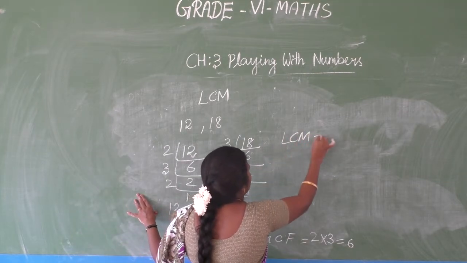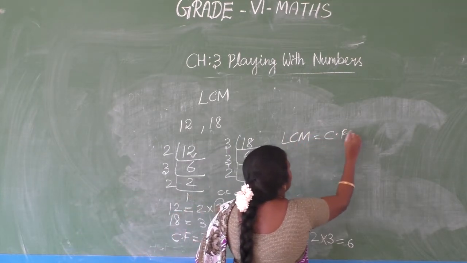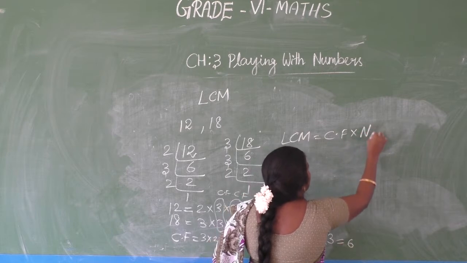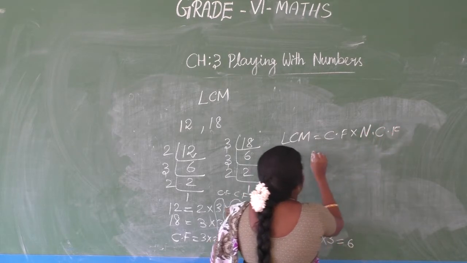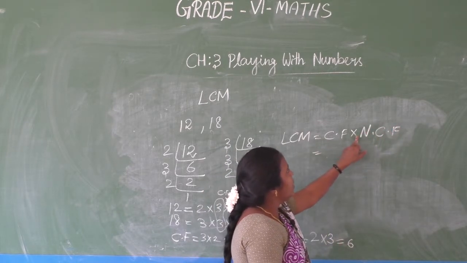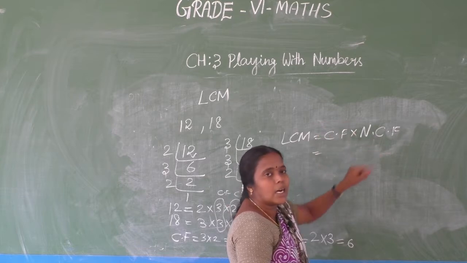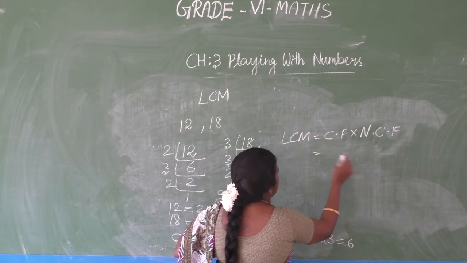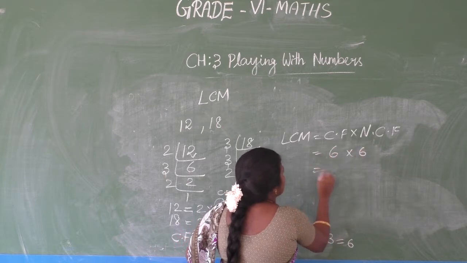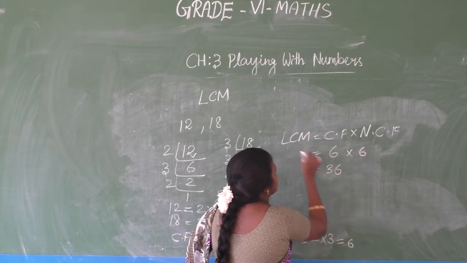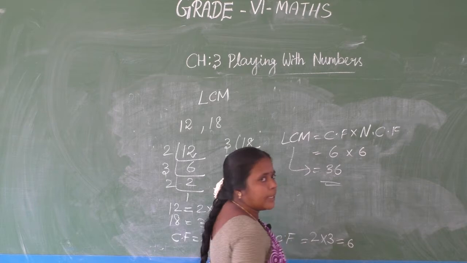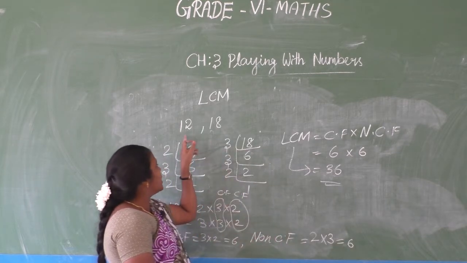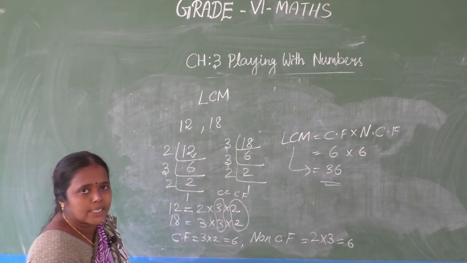Least common multiple means the product of common factors and non-common factors. Clear children? So 6, there also 6. Totally 6 sixes are 36. This is the required LCM of the given numbers 12 and 18.